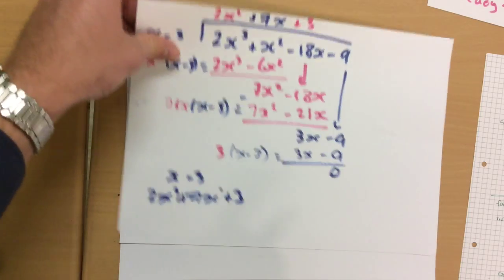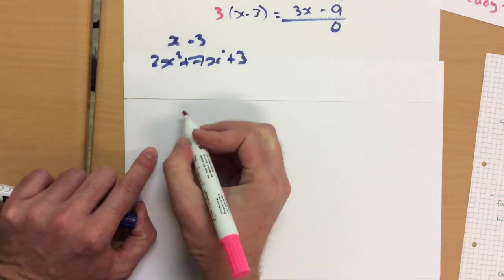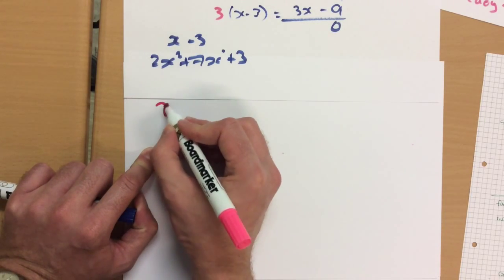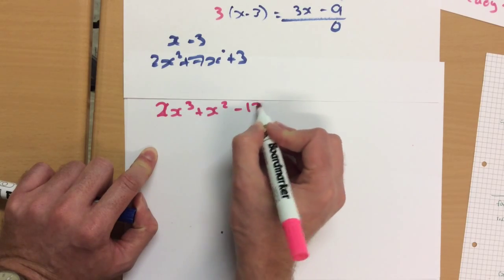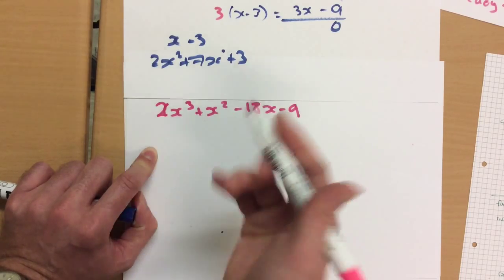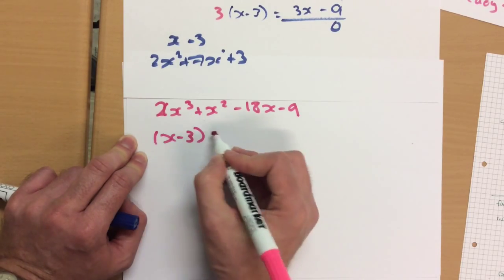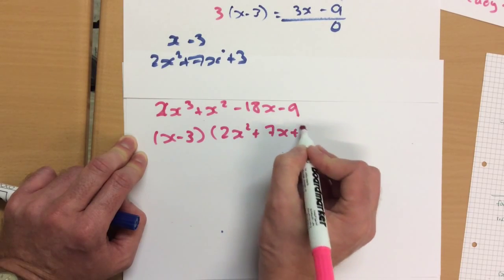So what you need to do now is to factorise this bit. So remember, 2x cubed plus x squared minus 18x minus 9 was our question. We now know we have a factor of x subtract 3, and our quotient of 2x squared plus 7x plus 3.